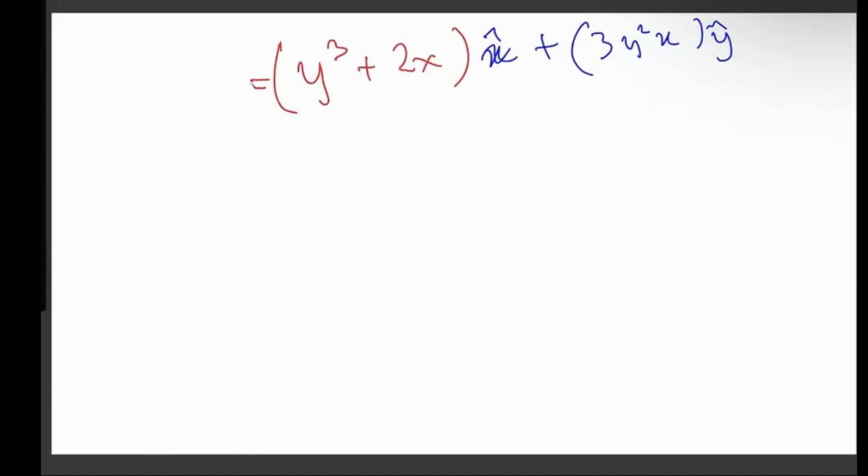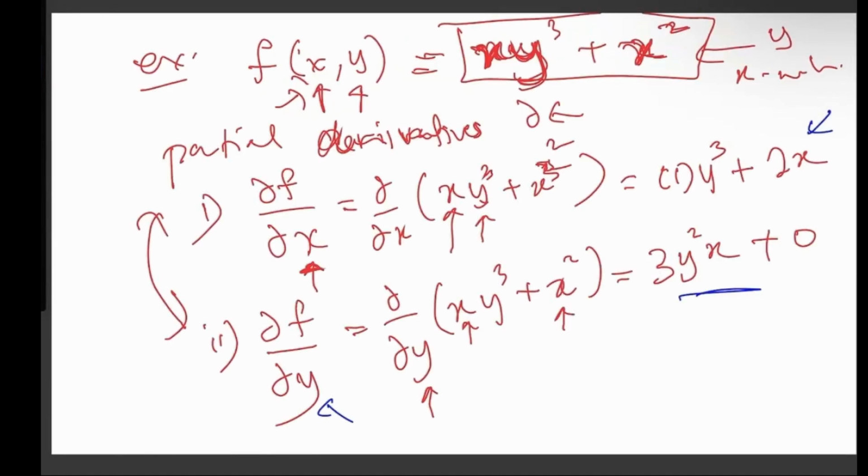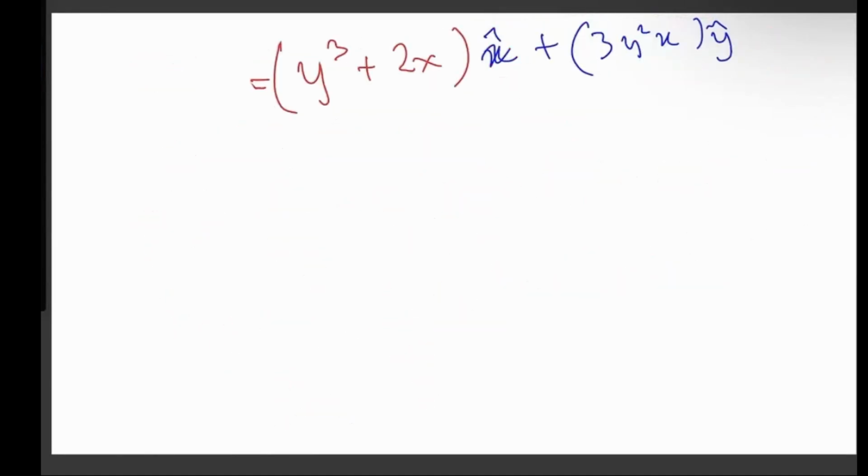This is what we call the gradient of f. This one is x, this one is y, so the output will be a vector, a unit vector: we have the direction of x and the direction of y. So the output for the gradient is a vector.